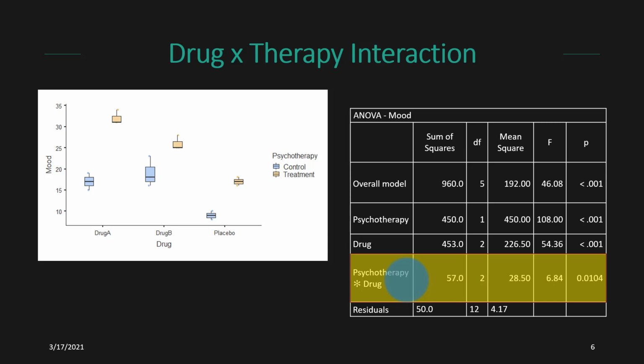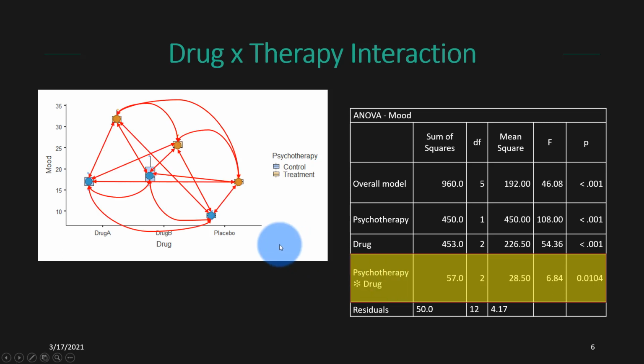So we really need to consider the effects of these things at the same time, because the effect of one of our variables depends on the level of the other variable. Now this creates a tricky situation, and this is only a two-way interaction, so you could have a more complicated scenario, but in this two-way interaction we have a lot of different things that can be compared, and we have to decide exactly what comparisons we want to make, because we know that the effect of drug depends on whether you receive psychotherapy, or conversely we could say that the effect of psychotherapy depends on what drug you're receiving.